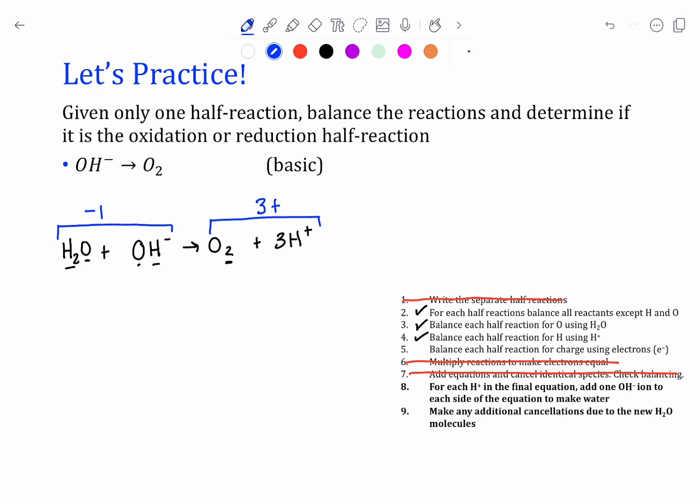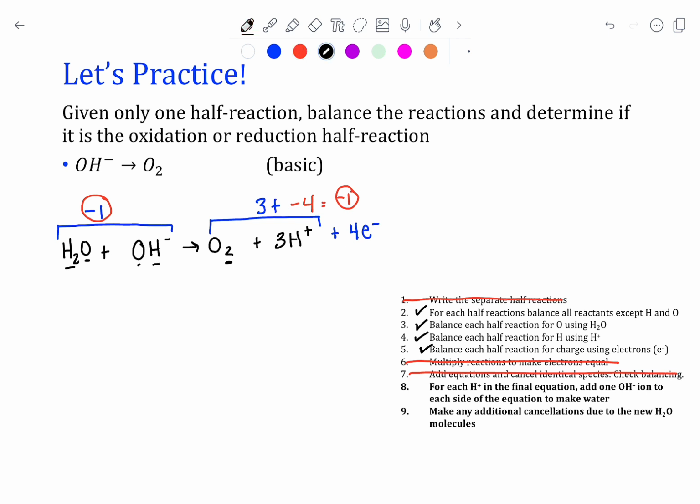We add our electrons to the more positive side, and since our more positive side is 3+, we need to balance out to the -1, so we need to add 4 electrons to our product side. That's going to subtract 4 from that 3+ to give us a -1. -1 balances with -1. So just make sure you're double checking those charges, making sure you have charge balance on either side. So that is step 5.